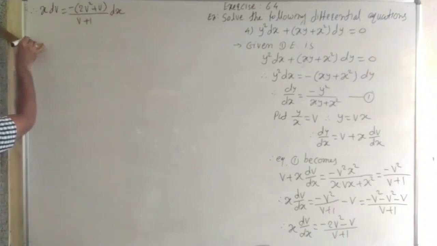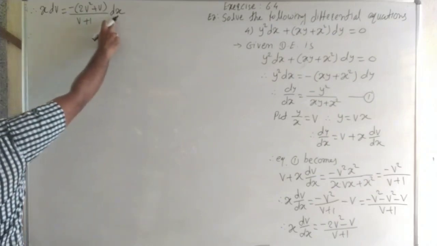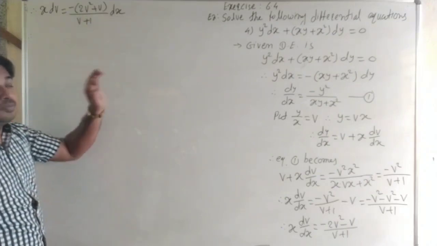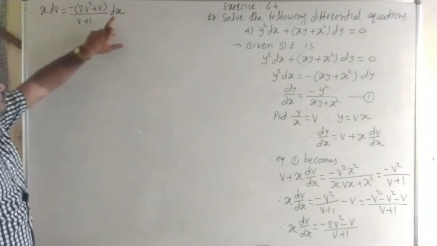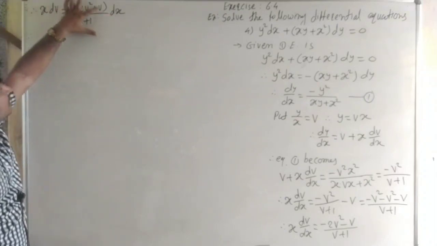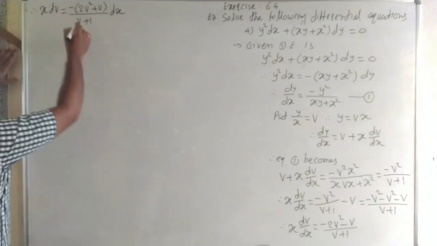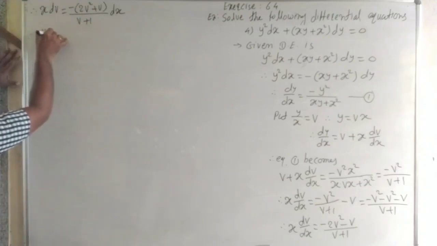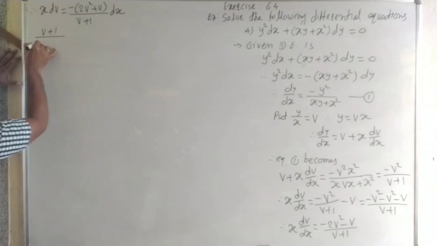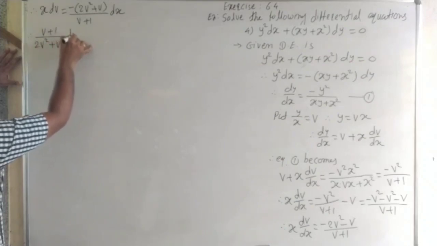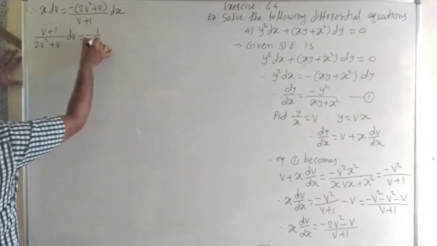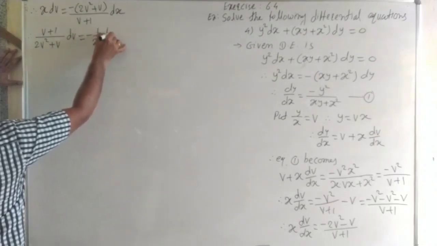Now it is dv and it is dx, where the differential coefficients are separated. Now write all variables of x with dx and all variables of v with dv. Therefore (v + 1)/(2v² + v) dv is equal to minus 1 by x dx.